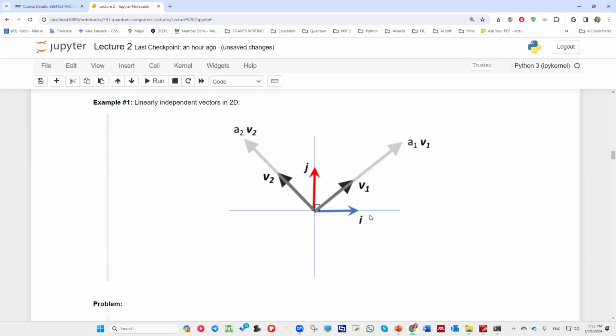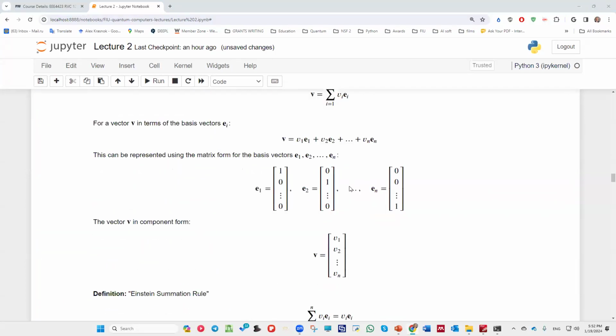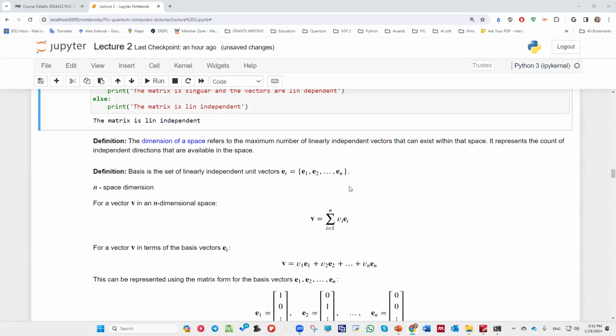So this space is called a two-dimensional space, because we have only two linearly independent or orthogonal vectors, which are i and j, or v1, v2, right? So the number of linearly independent vectors defines the dimension of the space. Okay.